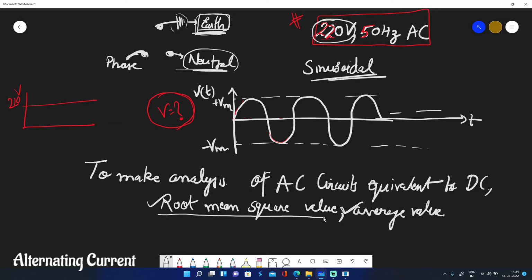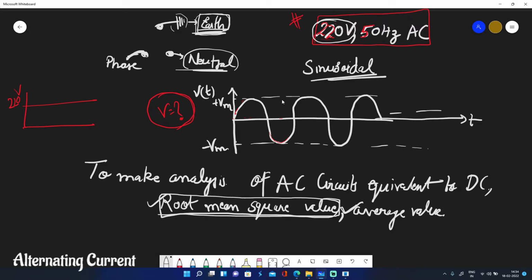How the root mean square value is derived, and what it actually is, we will see in the coming lectures. But generally I will tell you the significance of RMS. That is because we need a number here. How will we analyze this waveform, what values will you use for calculations and for deriving conclusions?